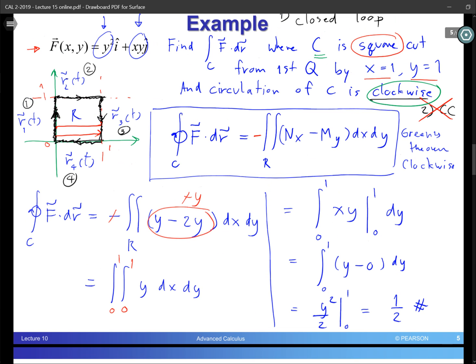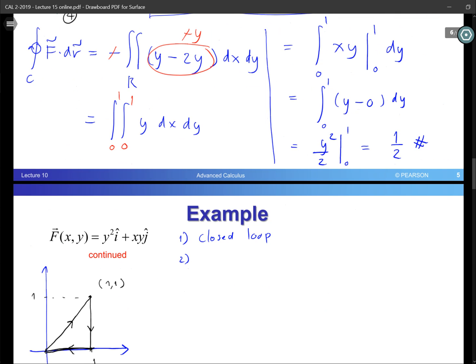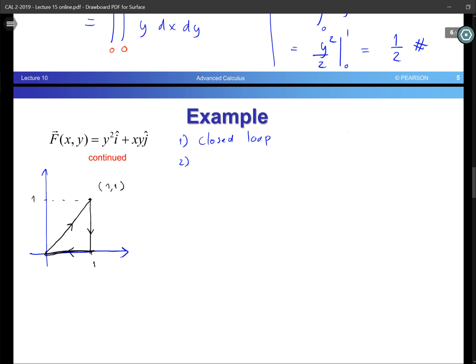Now that we know the version for the clockwise, we can perform this in either direction. As you can see here, we have these two conditions met in this example: it is a closed loop, definitely closed and simple, and it turns out we have clockwise circulation.